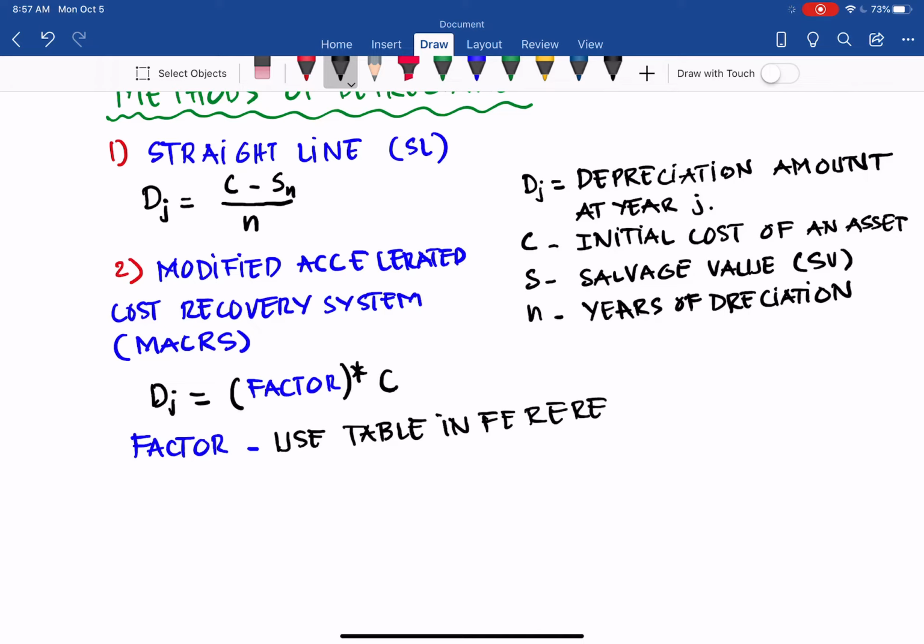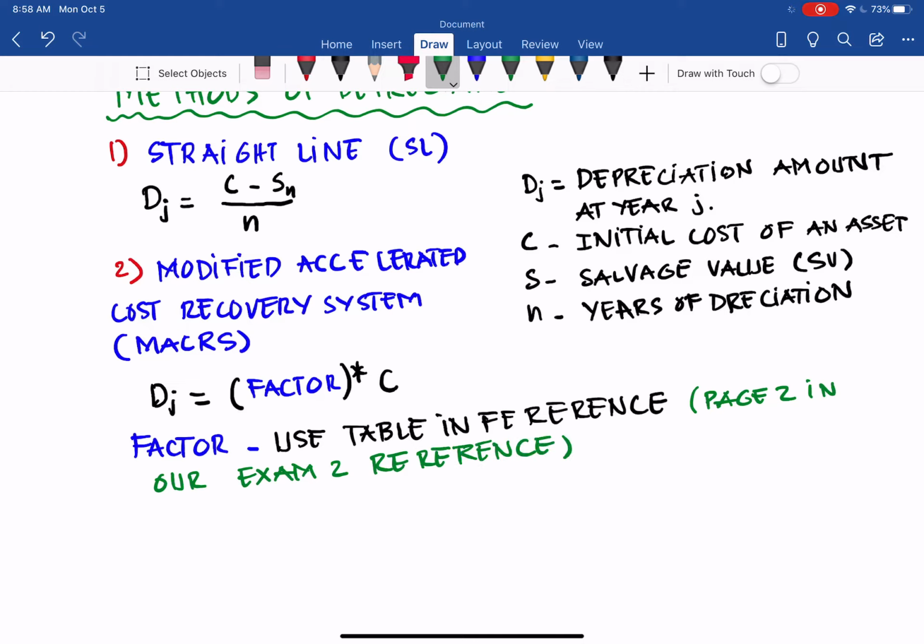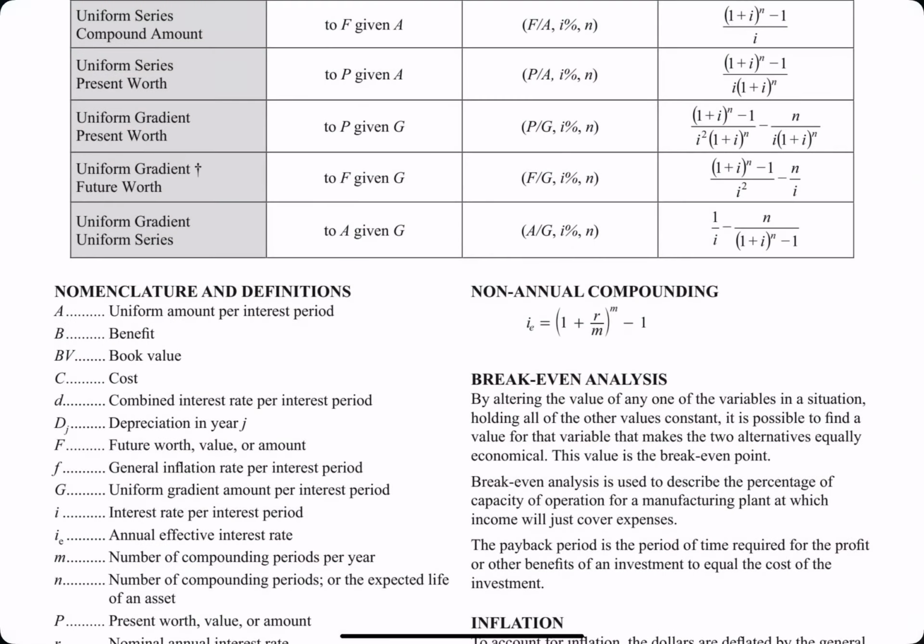As I mentioned, for our exam 2 reference, we also use the FE reference, more specifically page 2. Let me show that in the reference here.